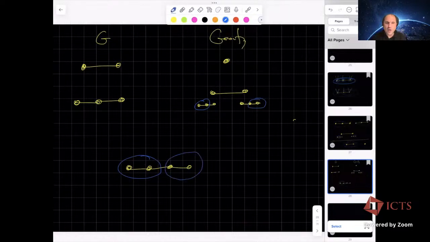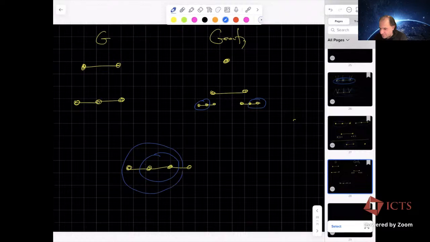And those are the only two guys that it can occur with. If I go on, this tube can occur with this big one, or it can occur with this other big one. And those are the only two guys it can occur with.